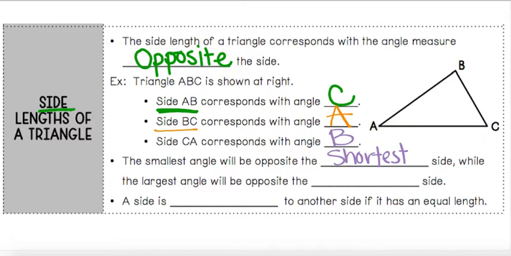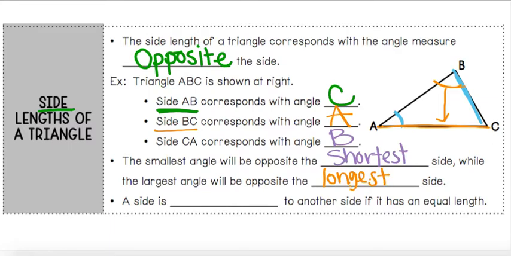So what that means is that if I look at this, this is the smallest angle between angles A, B, and C. A is the smallest. What that means is that BC is going to be the shortest side of the triangle. And then it says the largest angle, and if we look at these, if we were guesstimating, B looks like the largest angle, and that means the side AC is going to be the longest side.